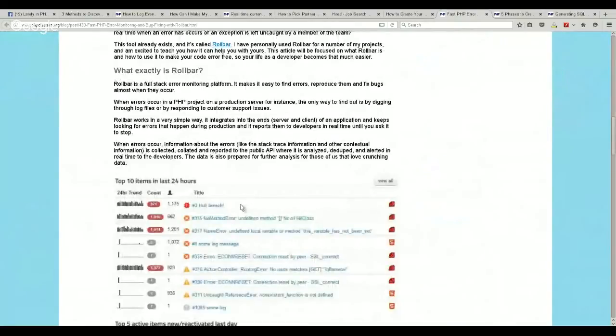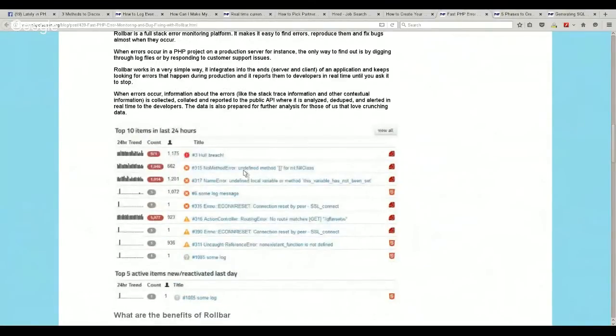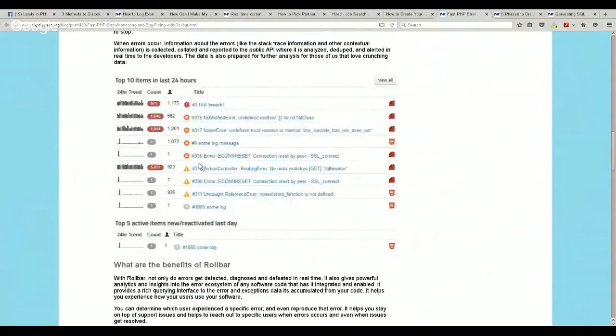Basically, it has an API, and you can use some components that call that API whenever there are problems in your application. So those problems get reported via that API to the server, and then you can see reports and other things that are relevant to help you to fix your bugs.